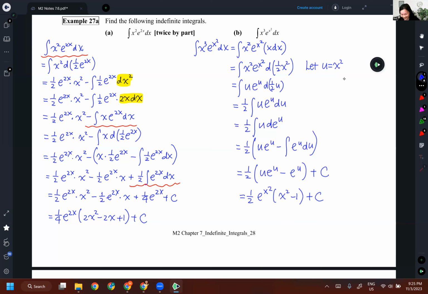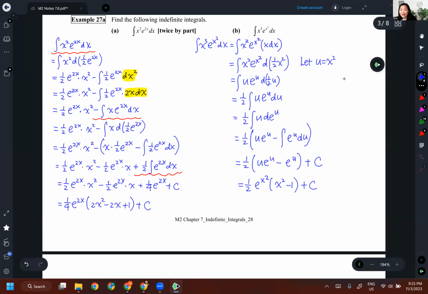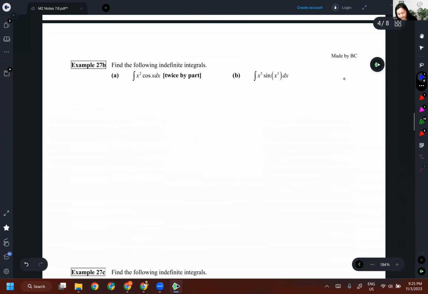No question. Okay, then we do another one. It's the same type, but with different functions.